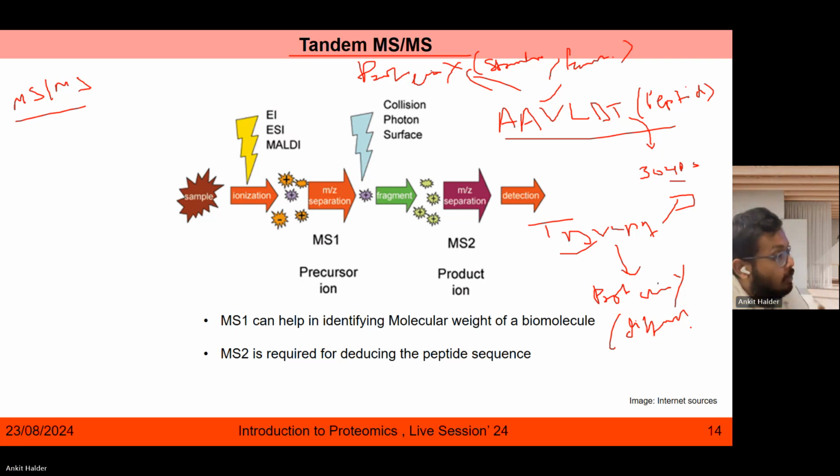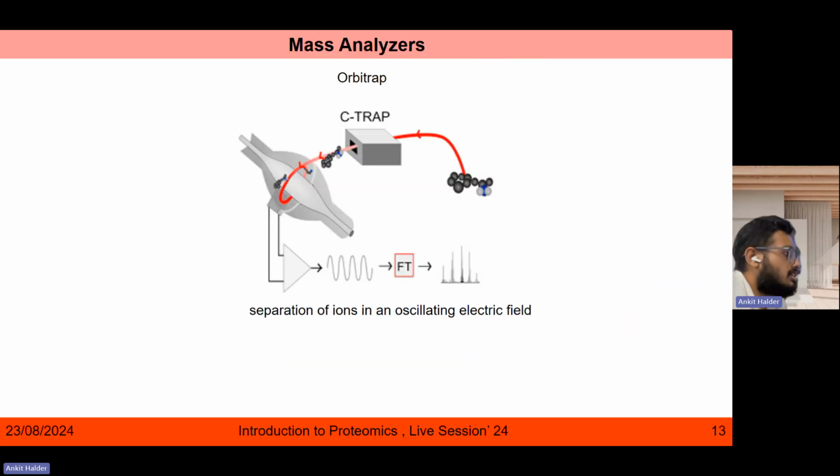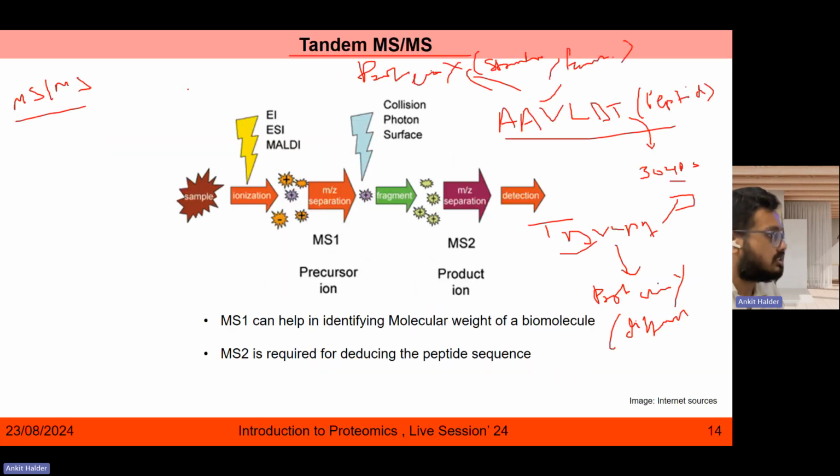So how do we analyze that and identify which peptide contains this particular sequence and not the other sequence, or how do we deduce the sequence of the peptide? This is where the concept of tandem MS/MS comes in.